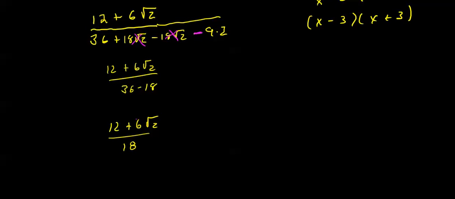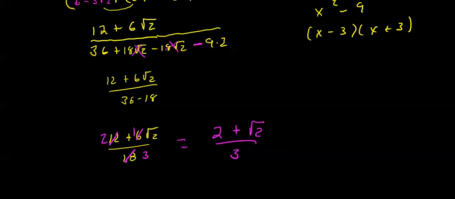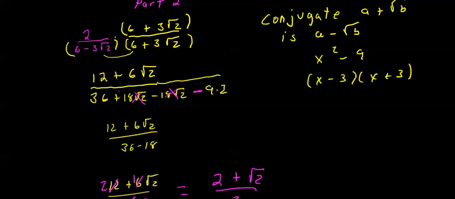We can divide this, this, and this by 6, so I end up with 2, 1, and 3. My final answer is 2 plus radical 2 over 3. Nothing more than multiplying by the conjugate. And the multiplication itself, we know how to do.